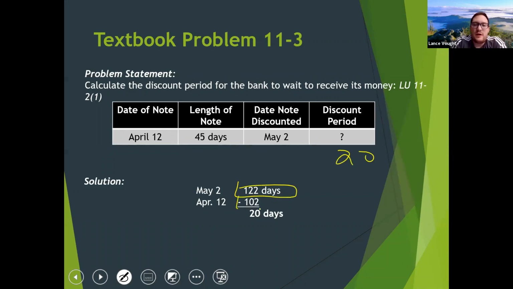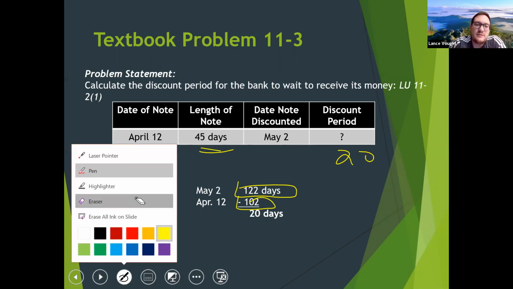If you're wondering what on earth we're getting with 122 and 102 when the note's only 45 days, that's just because May 2nd is the 122nd day of the year and April 12th is the 102nd day of the year.